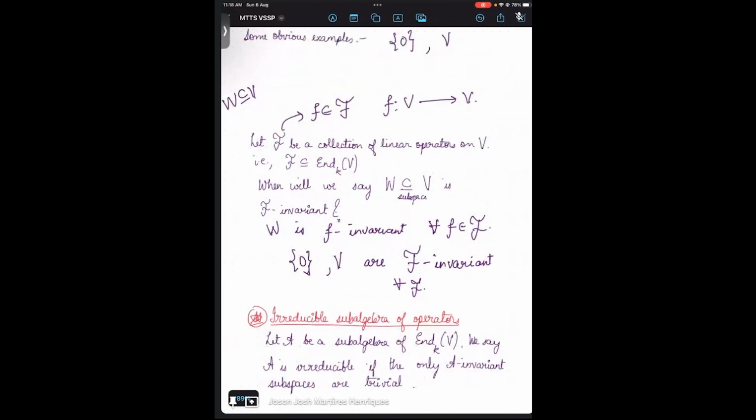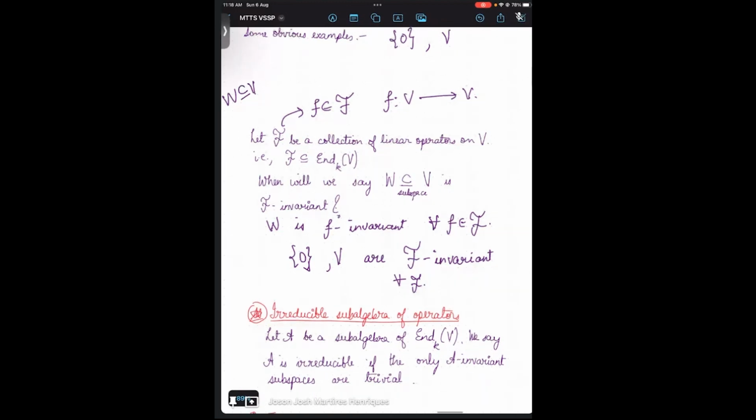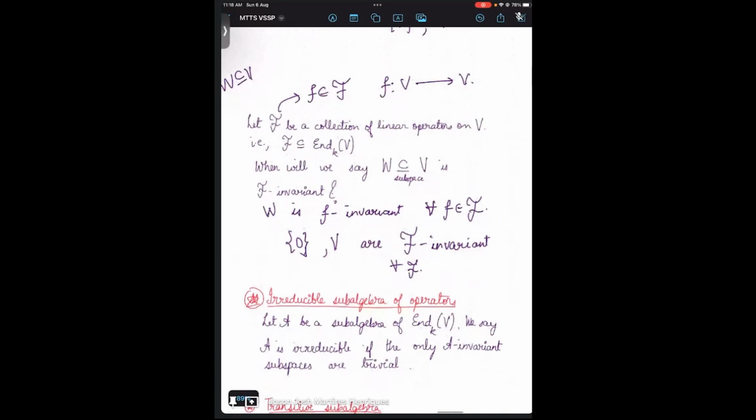So I think we have enough tools to actually say what Burnside's theorem states. Burnside's theorem tells us that in this matrix algebra that I'm considering, the only irreducible subalgebra that I have is going to be the full space M_n(C).